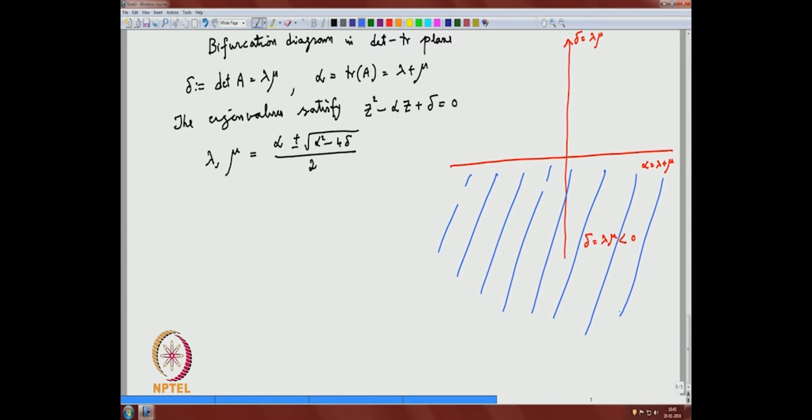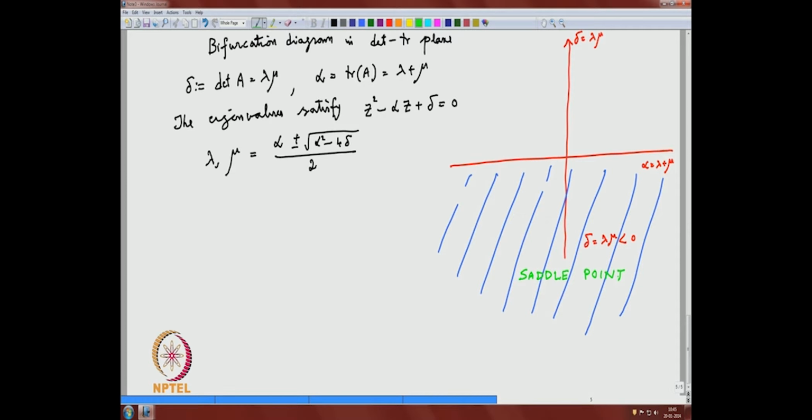For lambda, mu in this region, that means delta less than 0, you have your saddle point here. This region is the saddle point region.